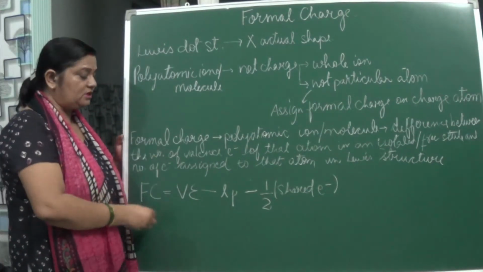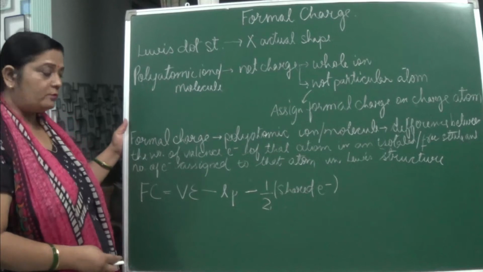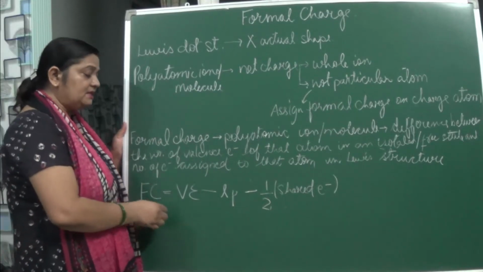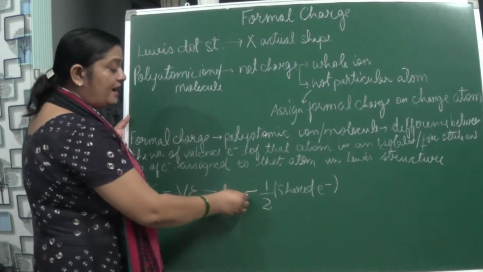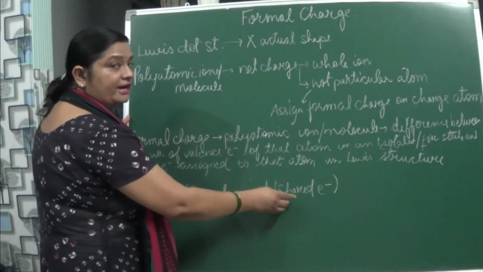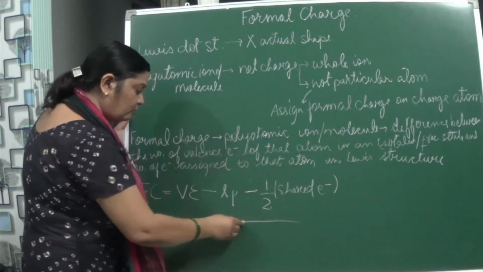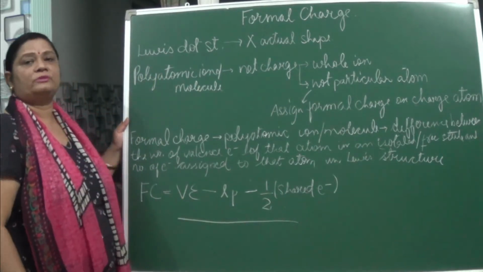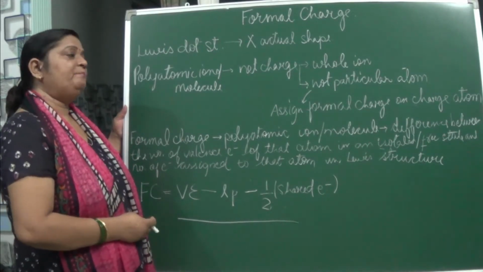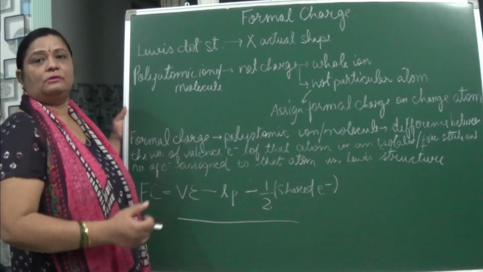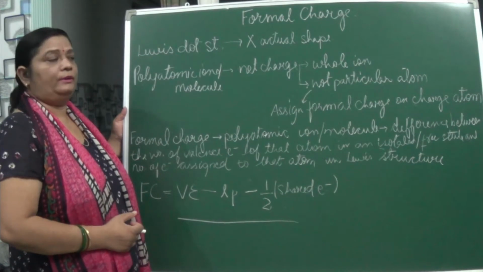So what is formal charge actually? What is the formula of formal charge? It is the valence electrons minus the lone pair electrons minus the half shared electrons. By this formula we can take out the formal charge of the ion or of the atom present in that particular molecule.